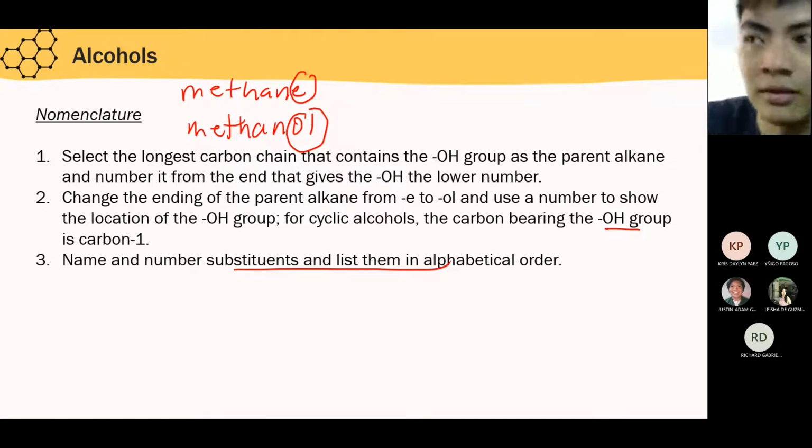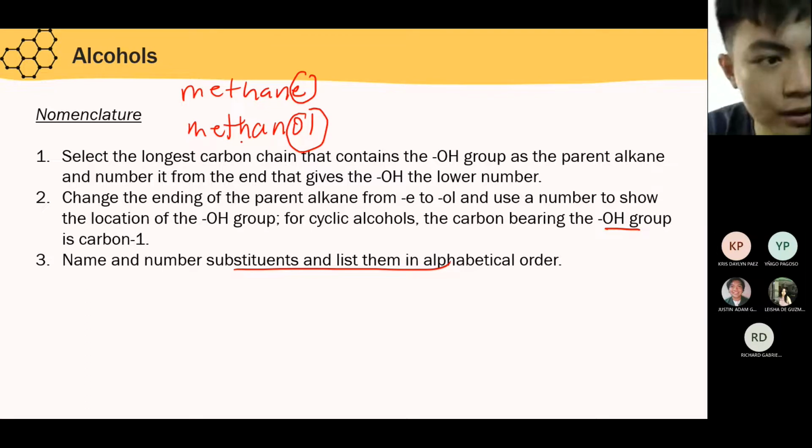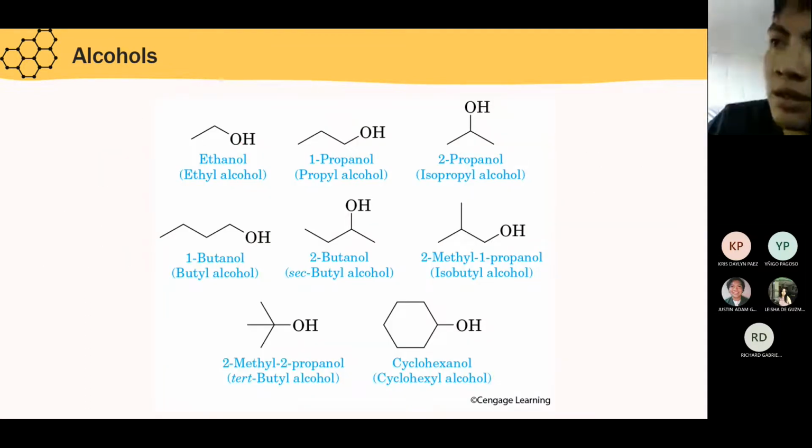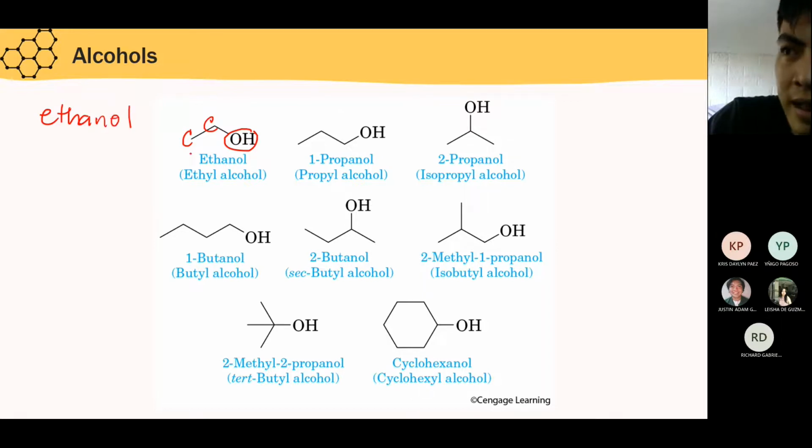So, ganun yung ating gagawin. Very simple lang, right? Okay? So, just for example, we have here ethanol. Okay? Ethanol yan kasi dalawang carbons yan. So, ethane. However, you have an OH attached. Kaya ang pangalan yan ay ethane originally, but because of the OH, you change it to all. Okay, so ethanol.